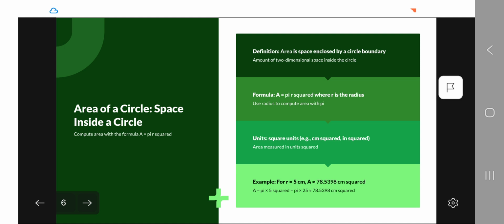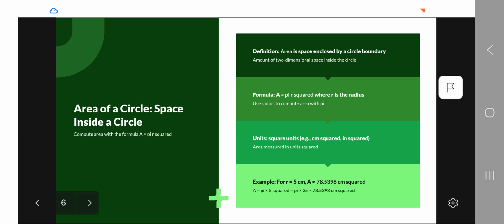So if I measure my clock, then why would it be like 31.4159 inches squared? Write that down in the comments if you know why.